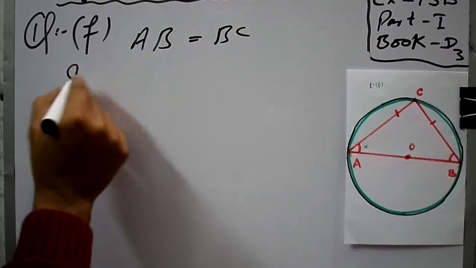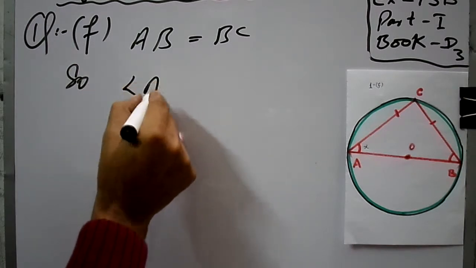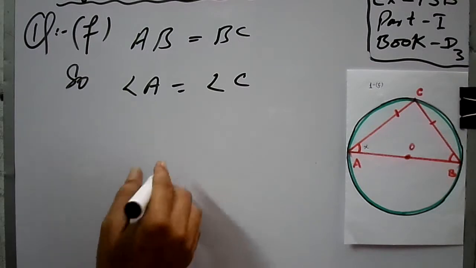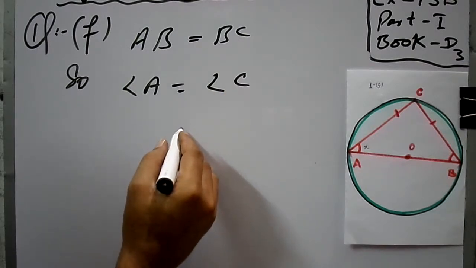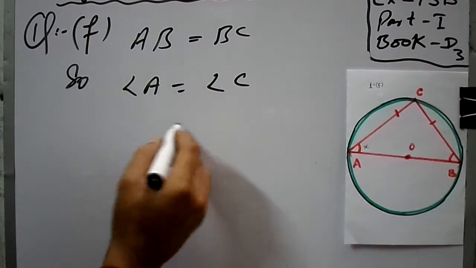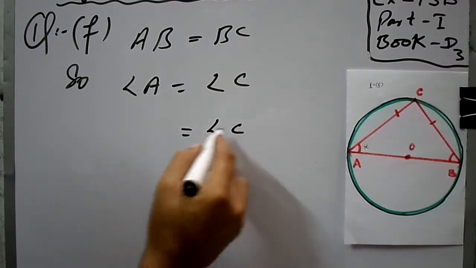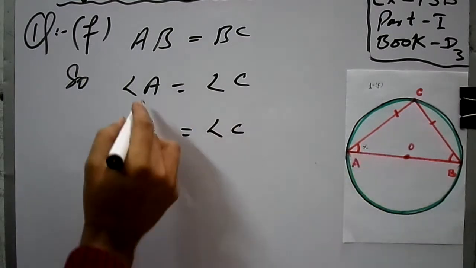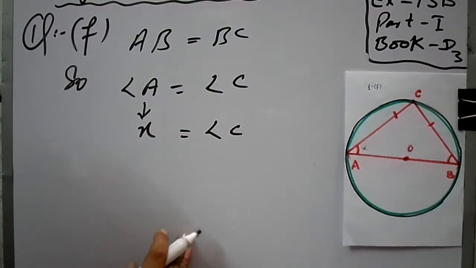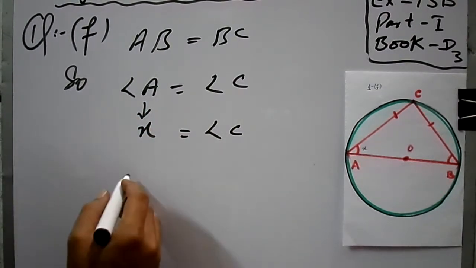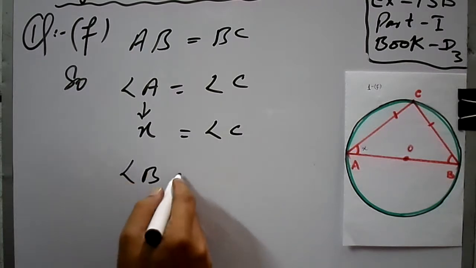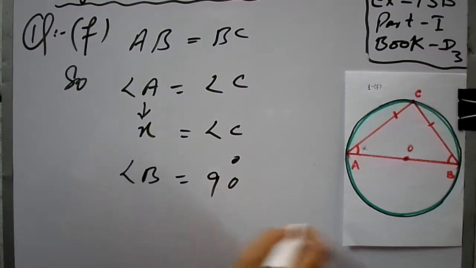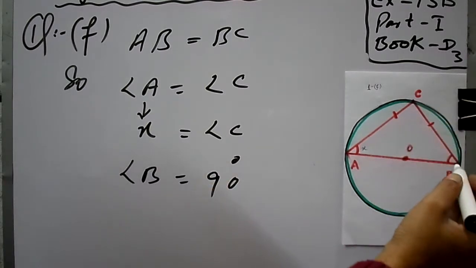Similarly, angle A is equal to angle C, which is x, so you can put it here. Angle B is equal to 90 degrees. It is given to us.